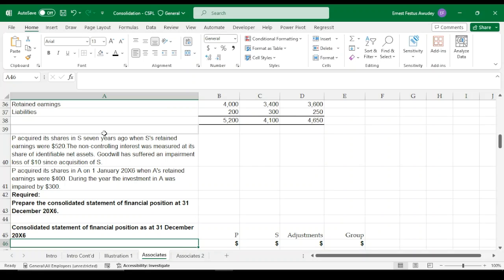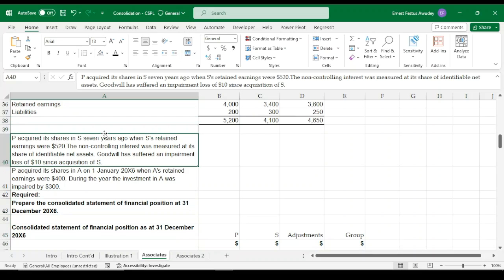So we have additional information here. P acquired its shares in S 7 years ago when S's retained earnings were $520. The non-controlling interest was measured at its share of identifiable net assets.